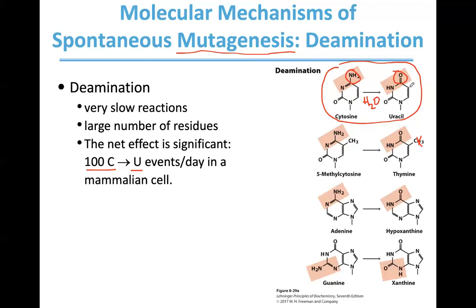Then there would be two sources of uracil in the DNA. There would be the original uracil coming from DNA synthesis, because it's going to undergo base pairing with adenine, just like thymine, right? And secondly, there would be additional uracil produced in the DNA due to this deamination process.